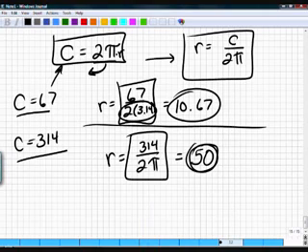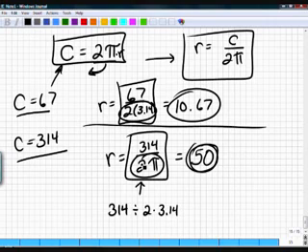Let me answer somebody's question, because calculators mess you up sometimes. If you type in 314 divided by 2 times 3.14, and this is what you did the first time, that's the reason I told you it's wrong. The 2 times pi, 2 times 3.14, if you type that into your calculator, it will give you the wrong answer.